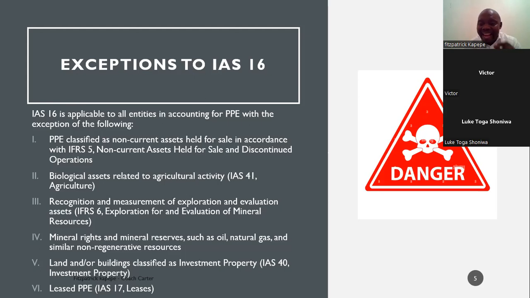So if you have made a decision that this particular asset is going to be held for sale, then it is not going to be accounted for under IAS 16. It will sit under IFRS 5, meaning that you do not need to depreciate it.